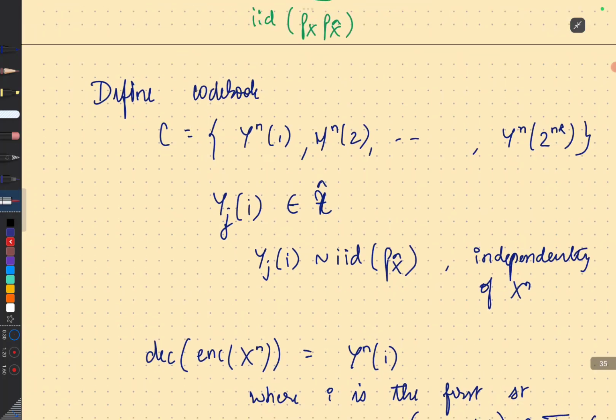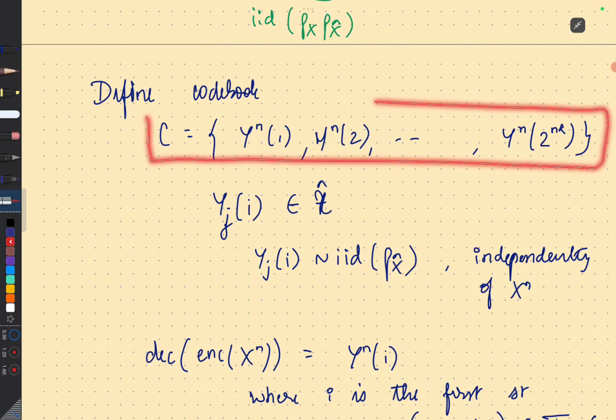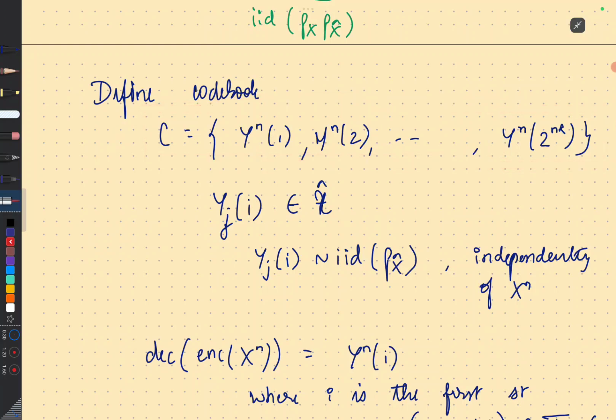The decoder has to be a priori given access to this entire code book. This is generated beforehand, before you even see xn. Before transmission starts, you generate this random code book and you share this with the encoder as well as the decoder.